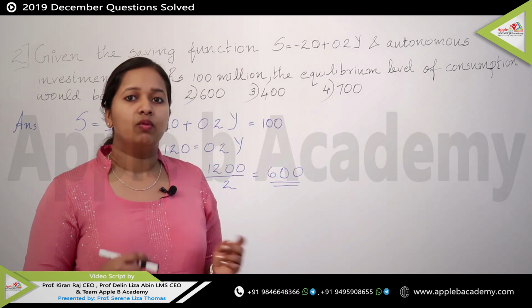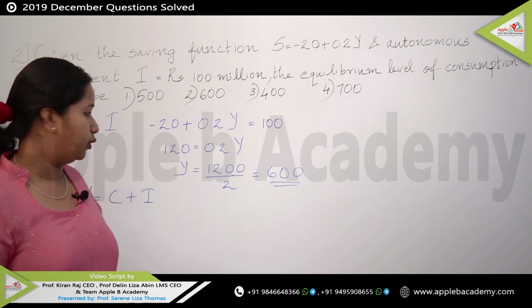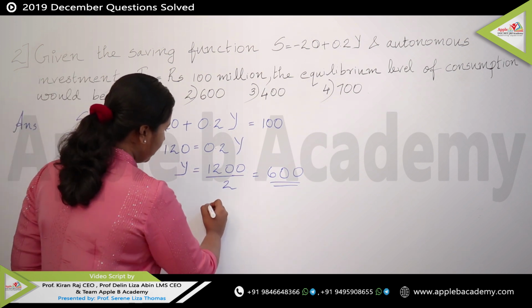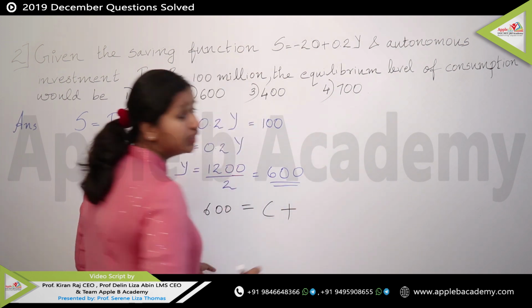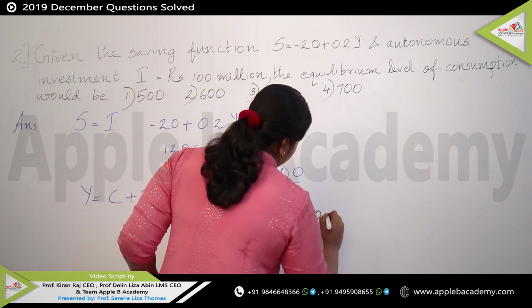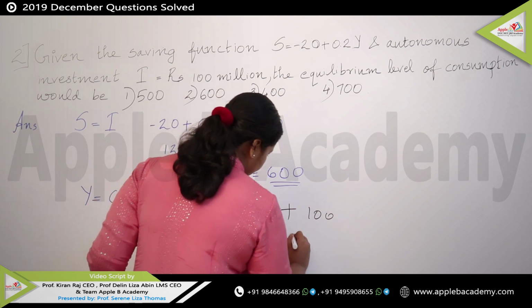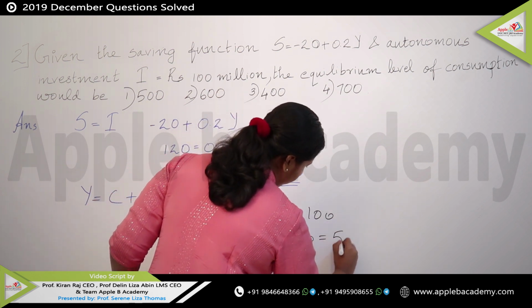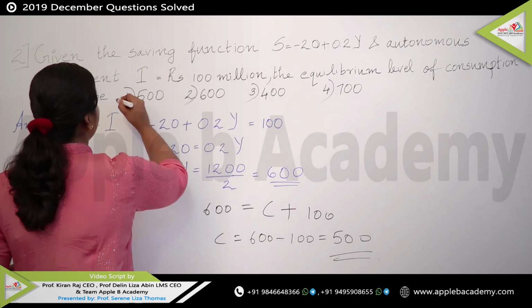We know that y is equal to c plus I. We have already got y as 600. So 600 is equal to c plus I, where I is given in the question as 100. So c equals 600 minus 100, which is equal to 500, which is option 1.